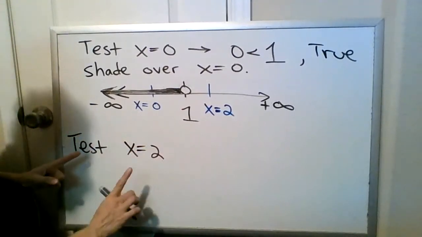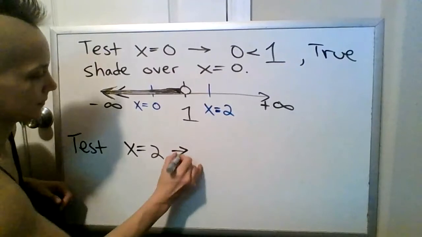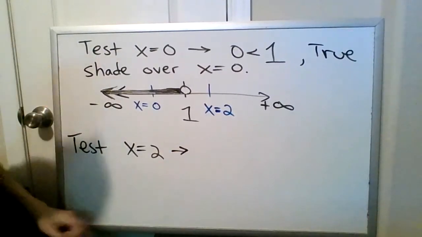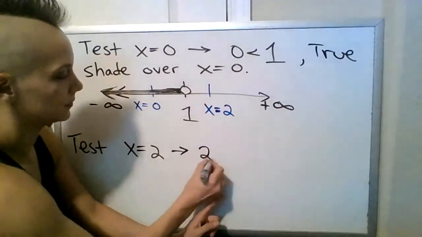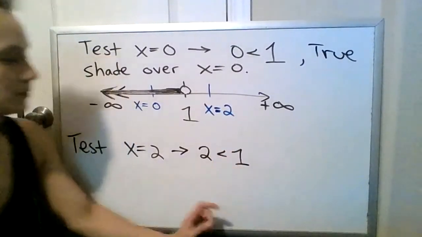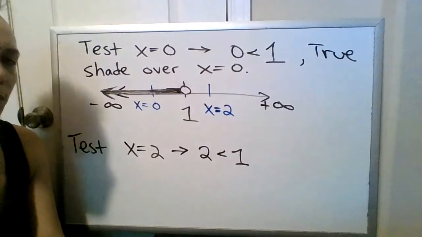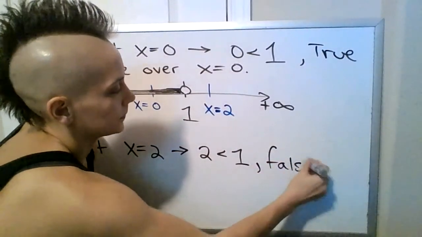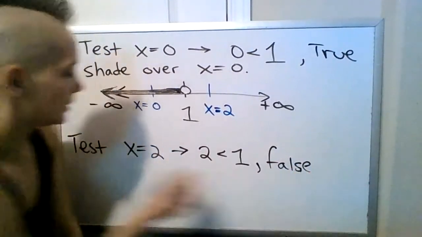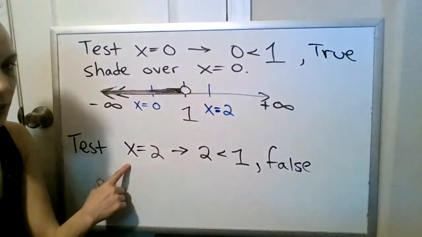If x equals 2, then is 2 less than 1? Nope, that's false. So we will not shade on the side that has x equal to 2.